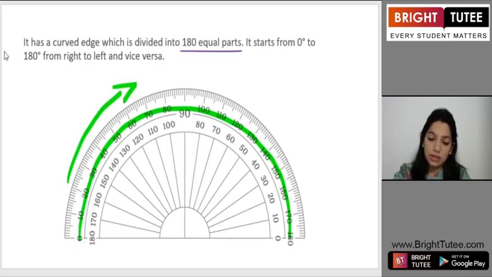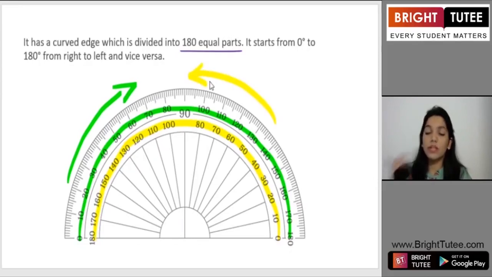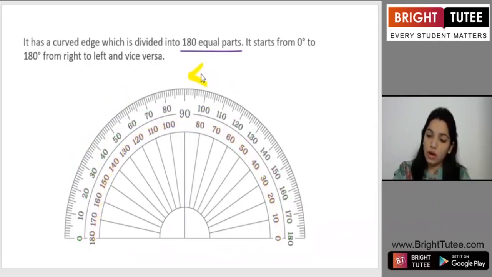Now the same thing is seen if I start moving from right to left. Again, we see the same numbers until we reach 180 degrees. So no matter whether you are moving from right to left or left to right, you have these 180 degree divisions on both sides.